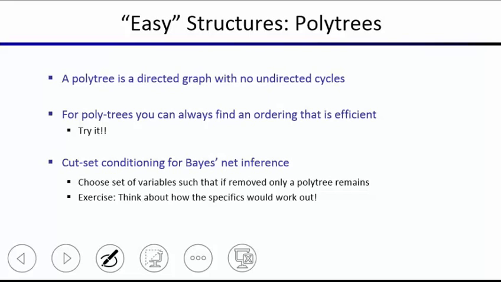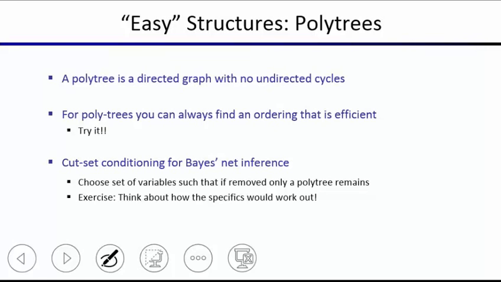In that polytree, you'll now run inference twice, once for the positive instantiation of that variable, once for the negative instantiation. If you had k variables, and if you got rid of those k variables, you'd have a polytree, then you'd run inference 2 to the k times, once for each possible combination of values those variables could take on. And you then combine the result of those inferences to get the answer to the original query.